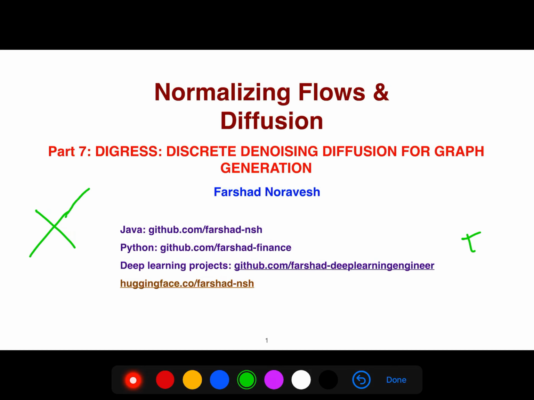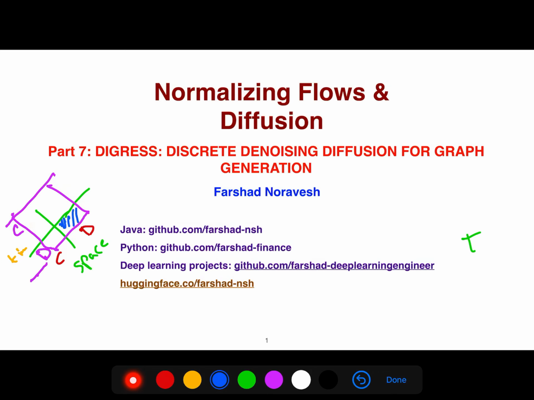You can see if they are modeling their space as continuous or discrete, and also if they are modeling the time as continuous or discrete. So there are different possibilities. If we have this, so DiGress is here. It's the discrete space and discrete time.